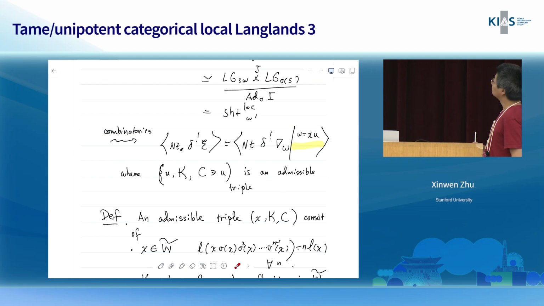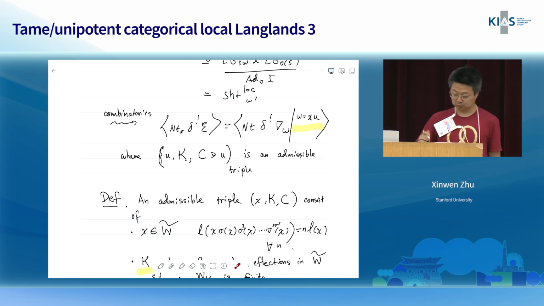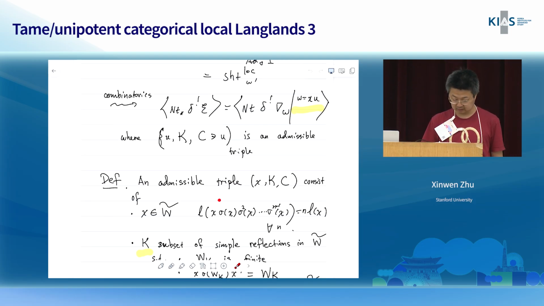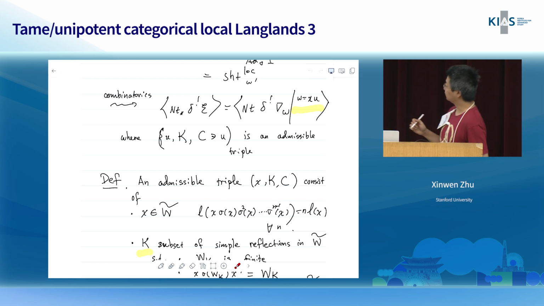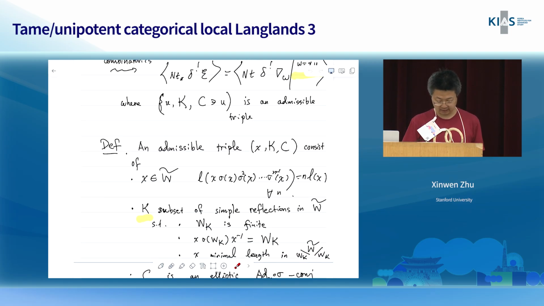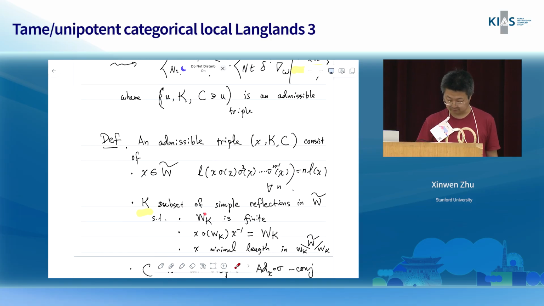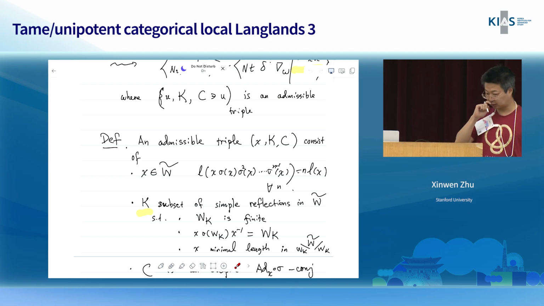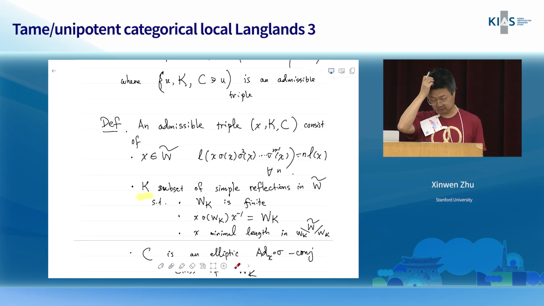We just need to understand the cohomology of the Lustig variety for this W, which is of the form X times U, where X is some very special type of element in the affine Weyl group, satisfying some length condition. This is actually the so-called sigma-straight element, and then U is essentially some element in the finite Weyl group, determined by X, or maybe not uniquely determined by X, but something attached to X.